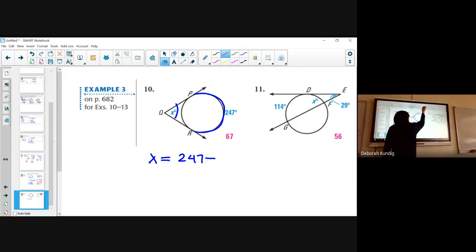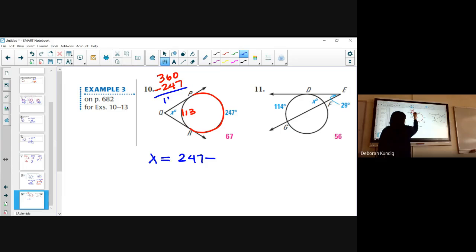Notice that this is a tangent with a tangent, which means I will be using the whole entire circle. They didn't give me the inner arc value, but I know this piece is 247, so 360 minus 247 gives me the remaining arc of PR. That is 113 degrees for that inner arc.